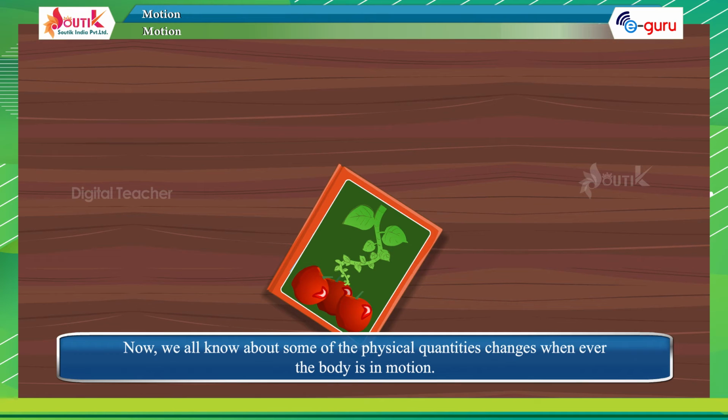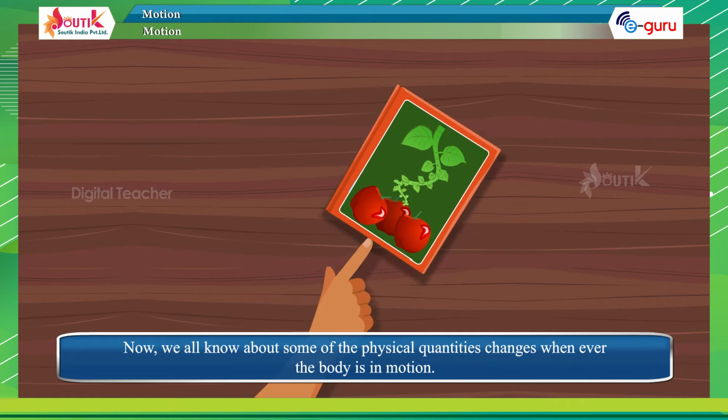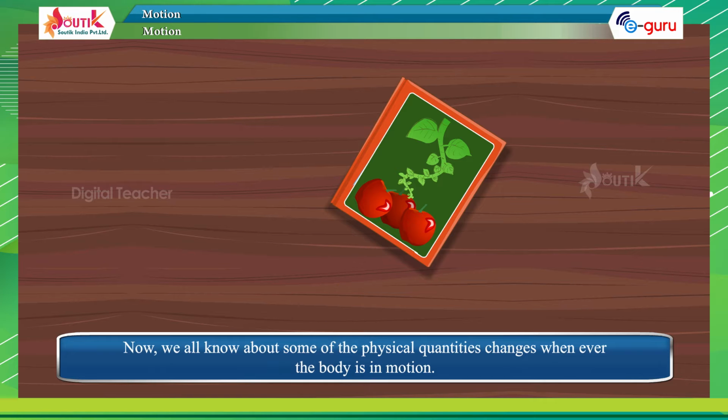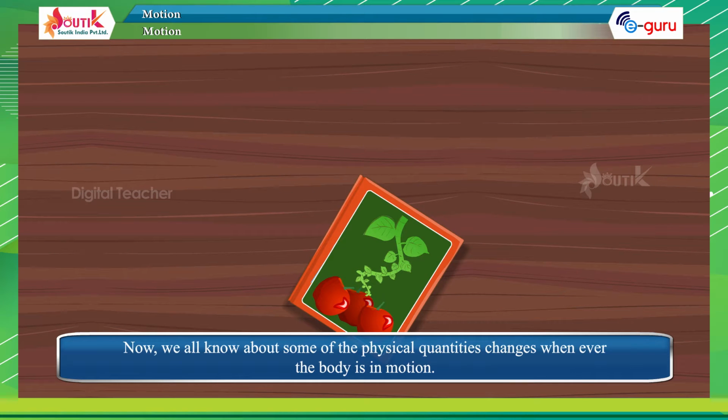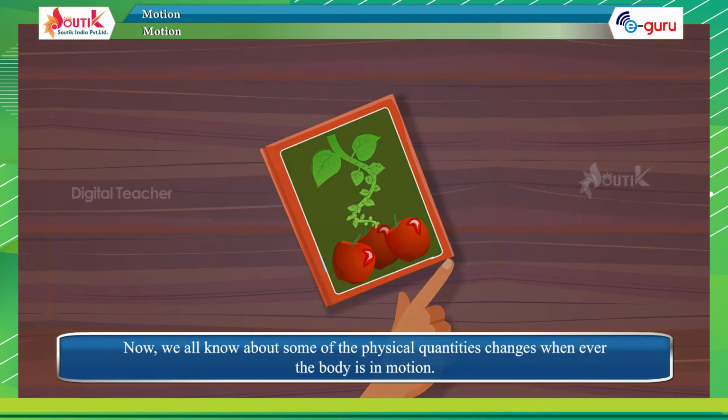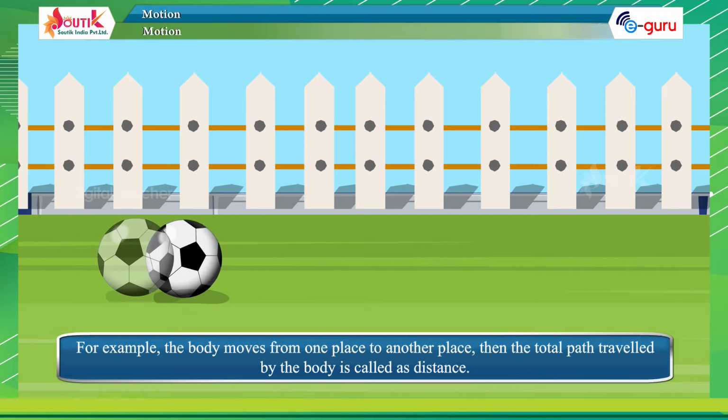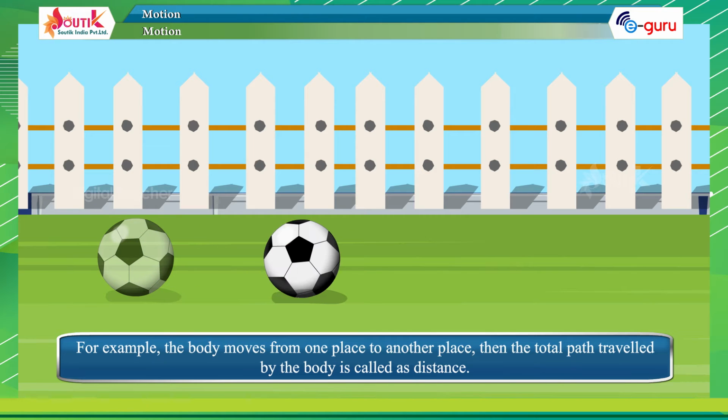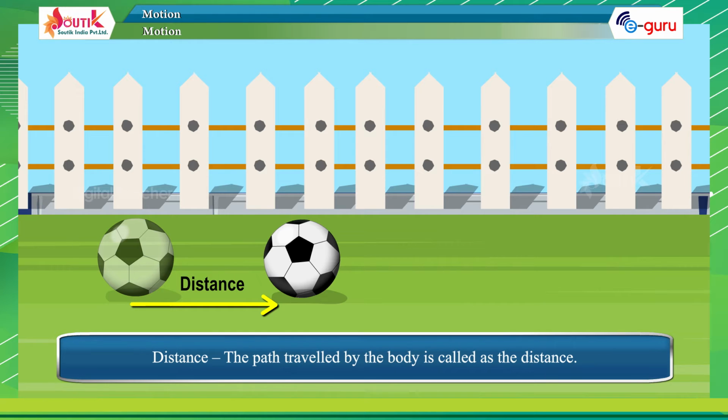Now, we all know that some physical quantities change whenever the body is in motion. For example, the body moves from one place to another place, then the total path traveled by the body is called distance. The path traveled by the body is called the distance.